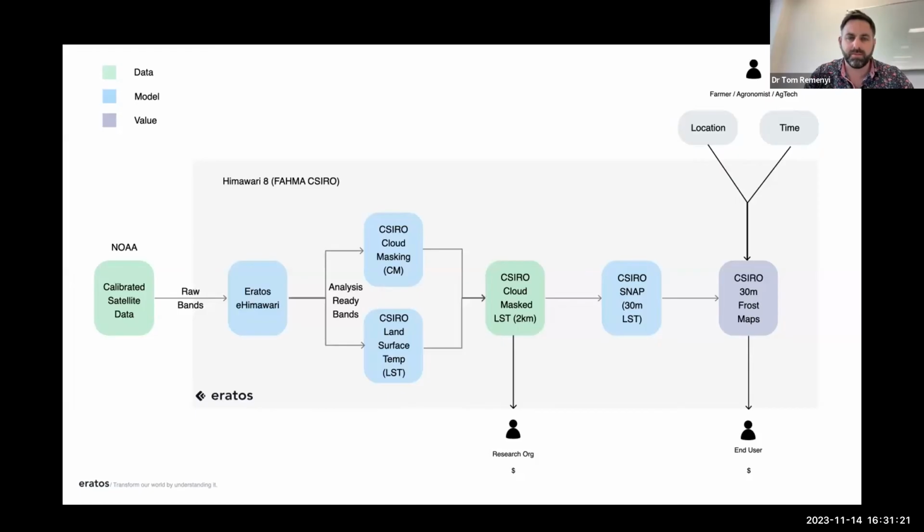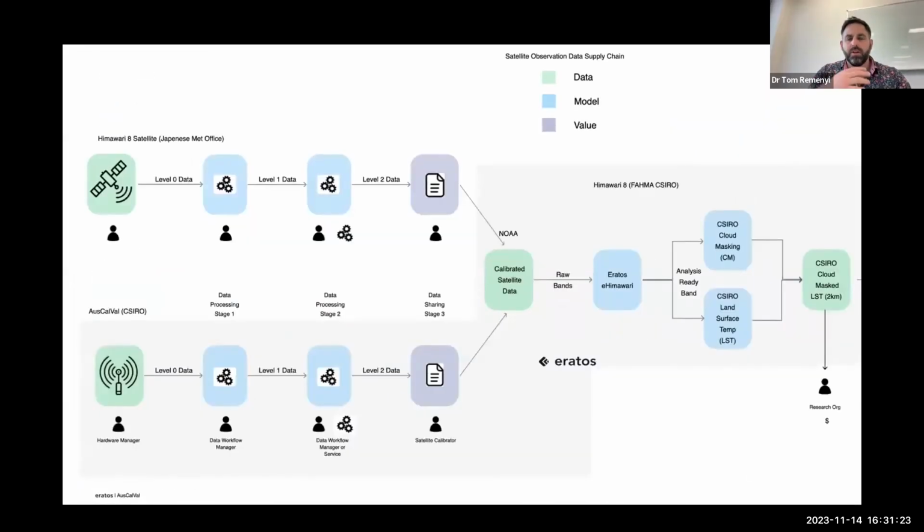This is further enhanced because one of the projects we're working on is about calibration of satellite data. Calibration of satellite data is a whole other workflow in itself, but it shows how you can build on top of the existing systems that have been built in the Eratos very easily to start enhancing the products.